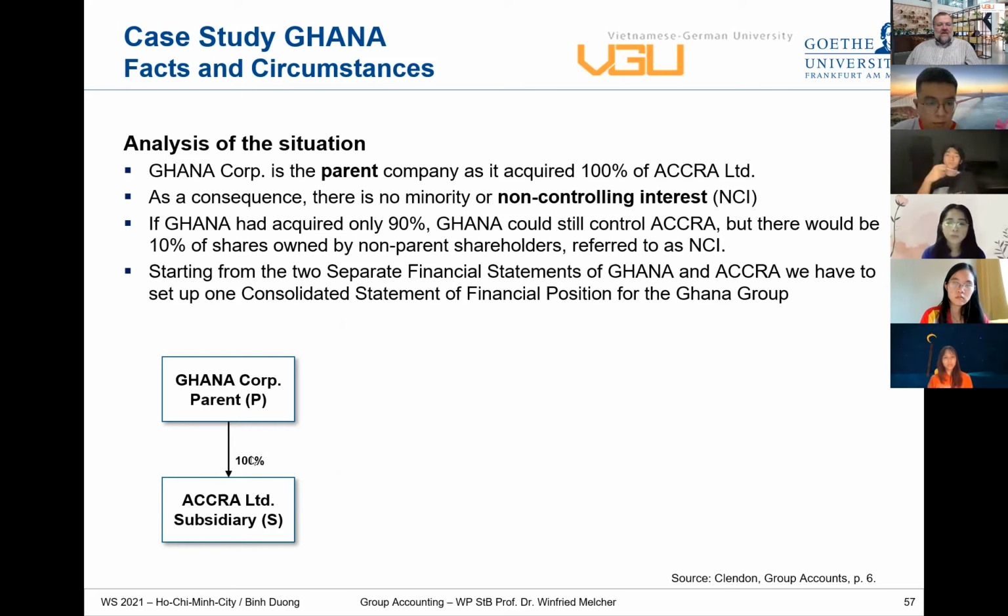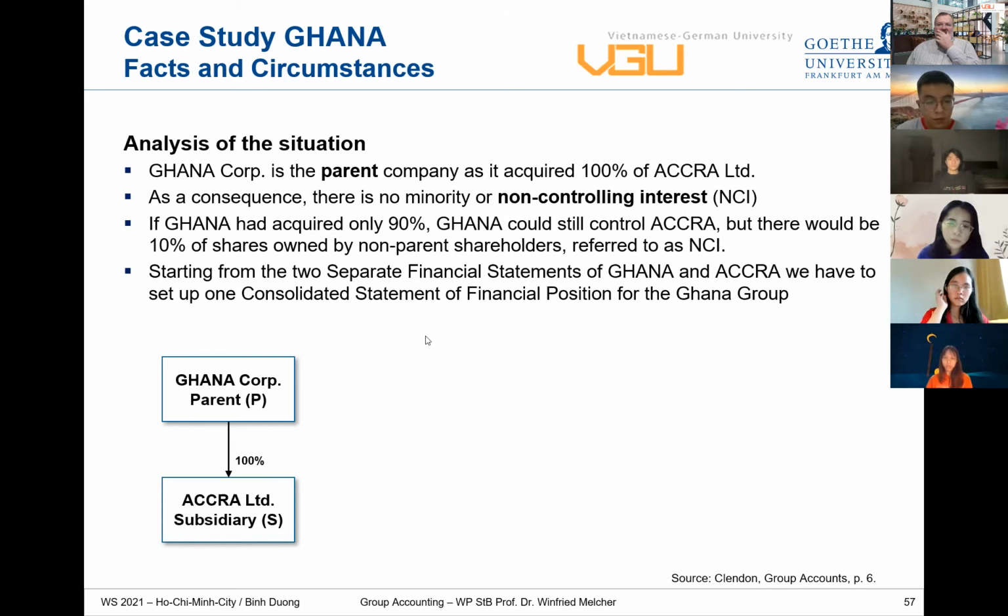If they would have only acquired 90%, they would have a non-controlling interest of 10%. But in this case, there is no non-controlling interest because they have acquired 100%. So we refer to non-controlling interests as NCI, so there is no NCI in this case.